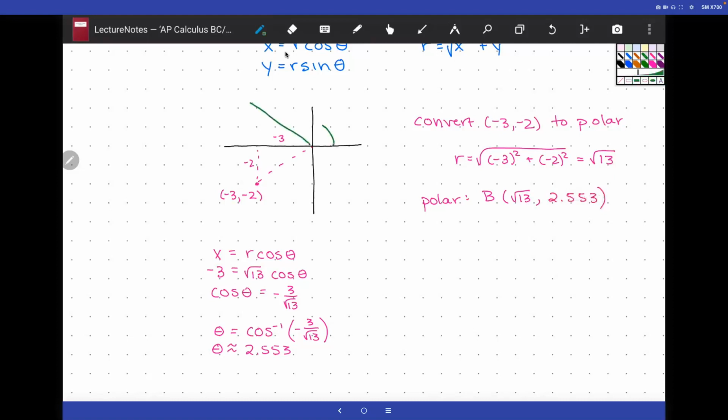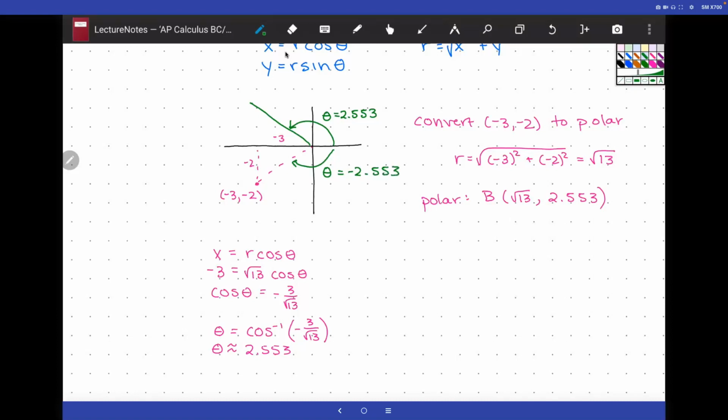That's up here in quadrant 2, and this is saying that theta is 2.553. We want to be in quadrant 3, though. So with this particular answer, does anybody see what we could do? Yeah. So we could say that theta is negative 2.553.